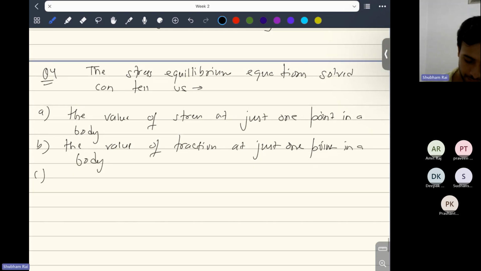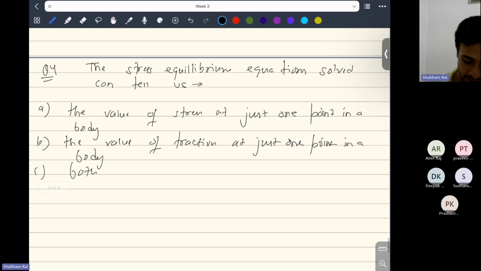Option C is both stress and traction at this one point.